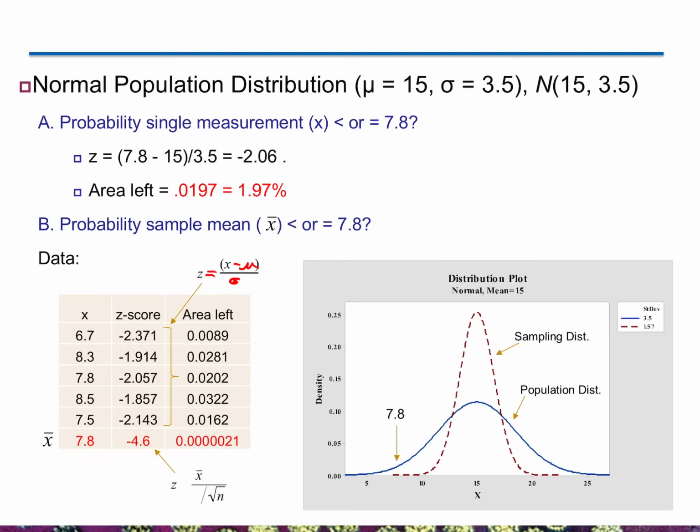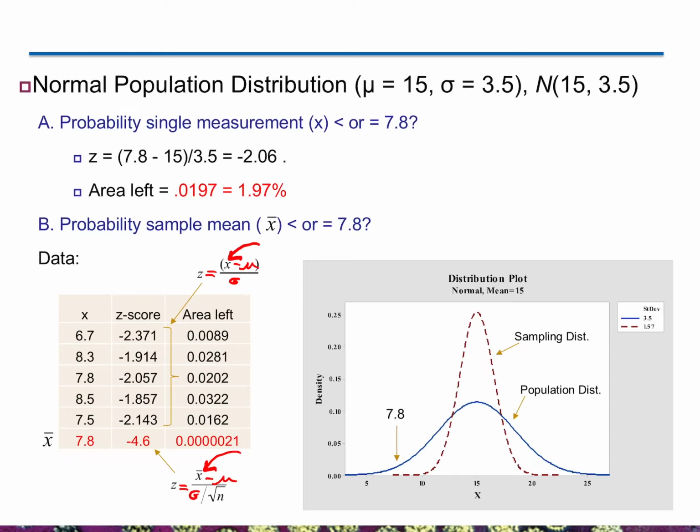Now, because we have 5 measurements, we're going to take the sample size into account in our z-score calculation. Let me fill this in again. z equals our sample mean minus our population mean, over our population standard deviation divided by the square root of n.